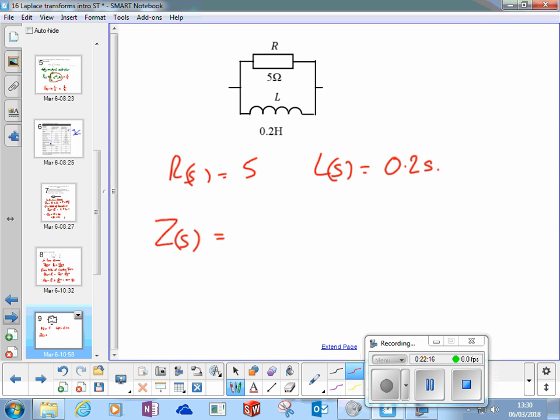Just with the letters for the minute. In S space. Connected in parallel, remember?